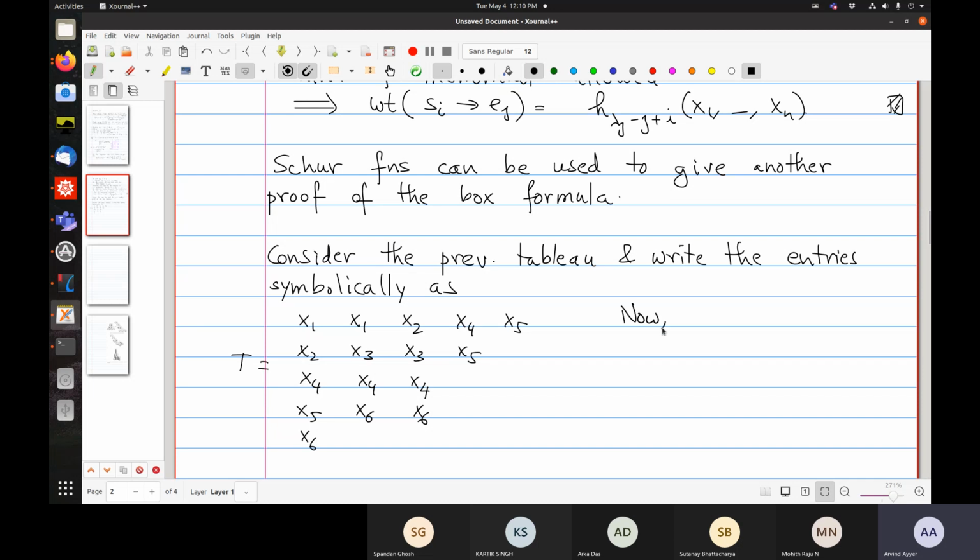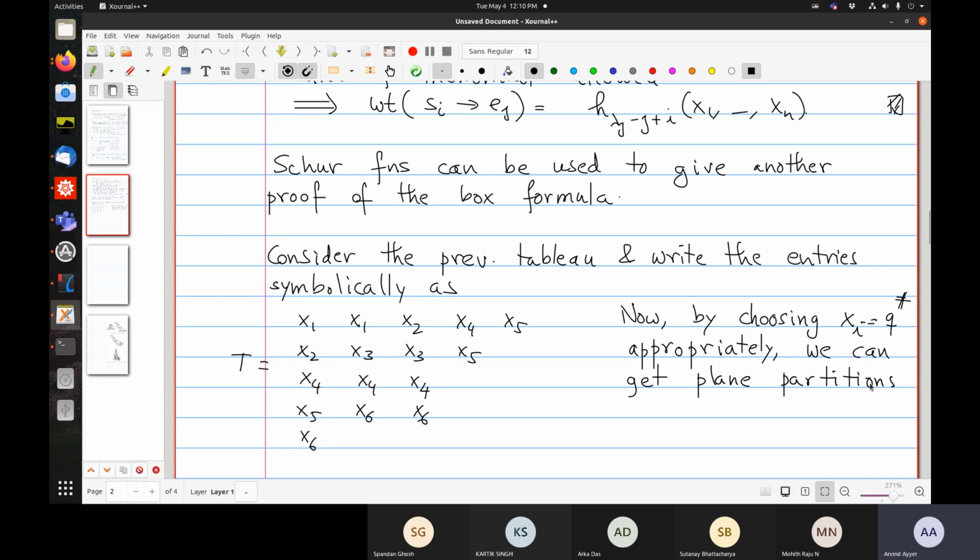Now, by choosing xi equals q power something appropriately, we can get plane partitions in a natural way.